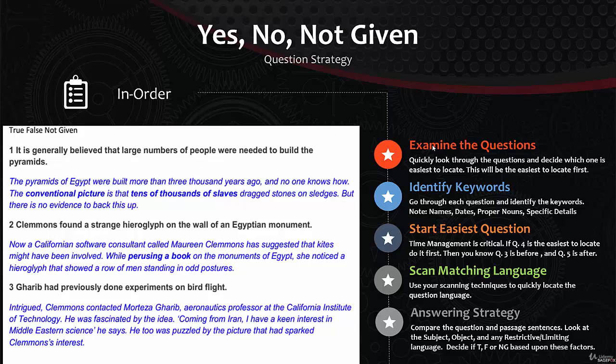There's nothing that says Gharib did experiments on bird flight. Nothing, right? It's missing. That means you put the answer is not given, because there's language from the question that is not mentioned in the matching passage sentence or sentences. That's how you do true, false, not given, everybody. That's how you do yes, no, not given.